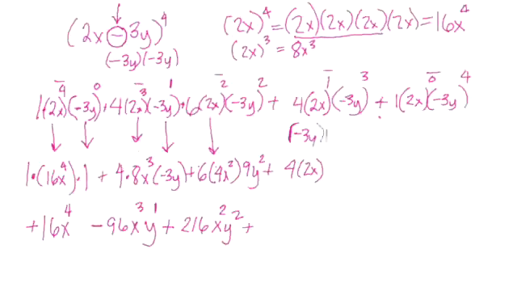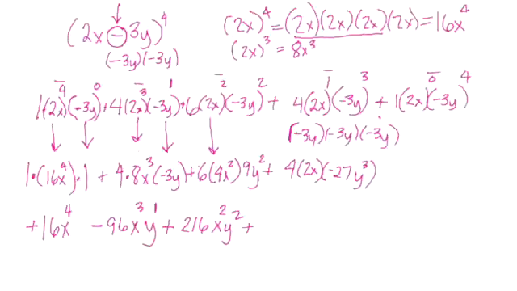Here's negative 3y times negative 3y times negative 3y. Negative 3 times negative 3 is 9. 9 times negative 3 is negative 27. Good, good, good. And this is going to be y to the third.